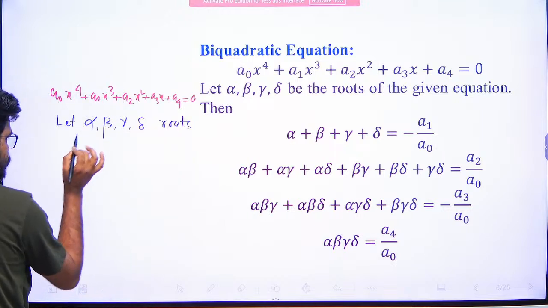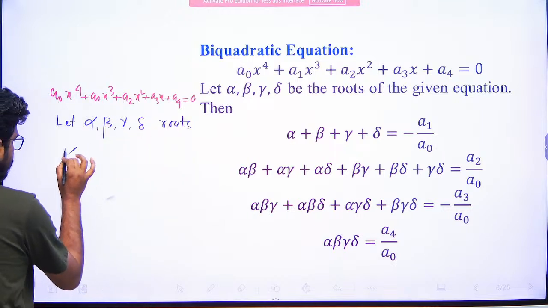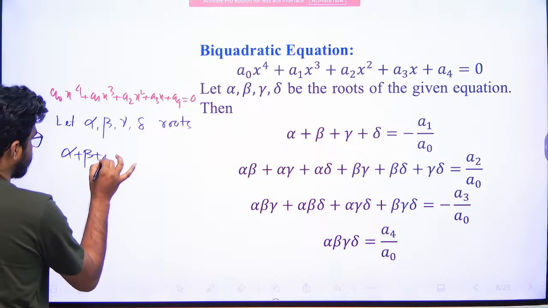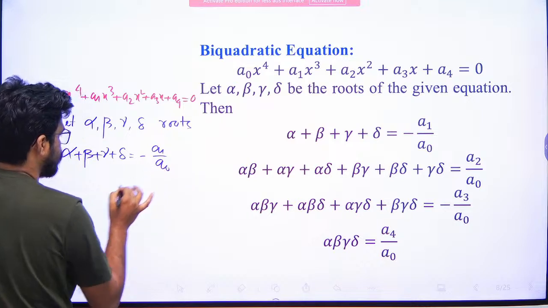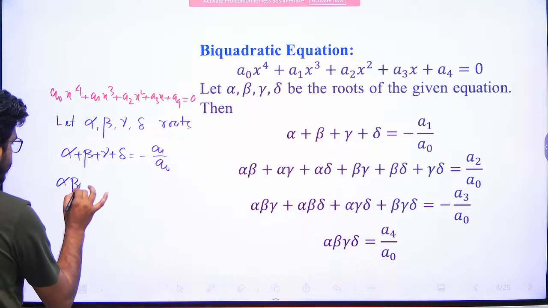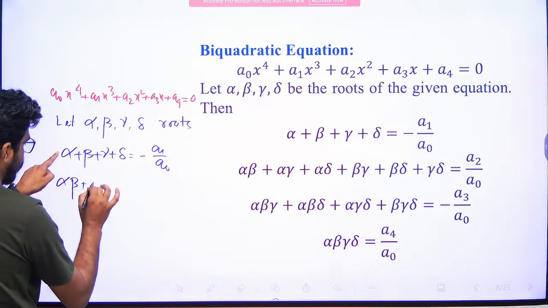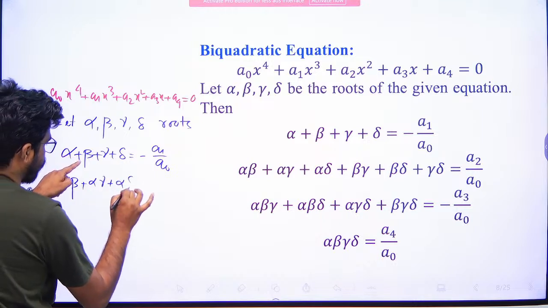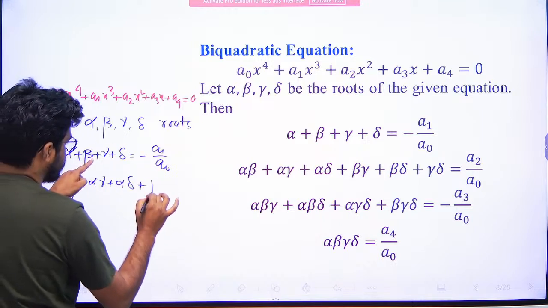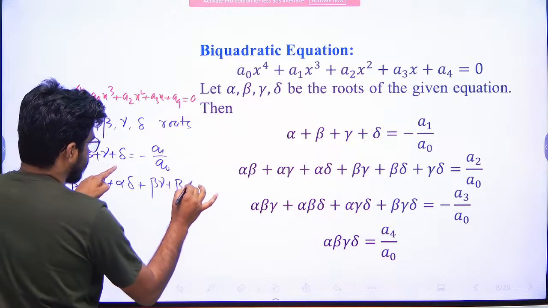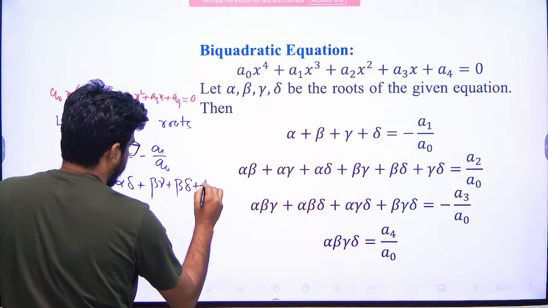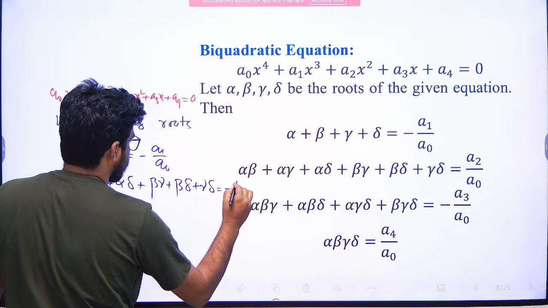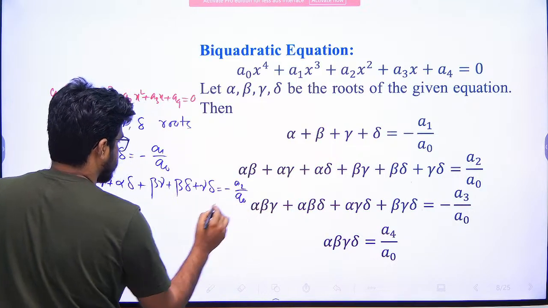Then the relation between roots and coefficients says that alpha plus beta plus gamma plus delta, that is the sum of the roots, will be minus a1 by a0, right? Alpha beta, alpha gamma, alpha delta, plus beta gamma plus beta delta, plus gamma delta will be minus a2 by a0, right?